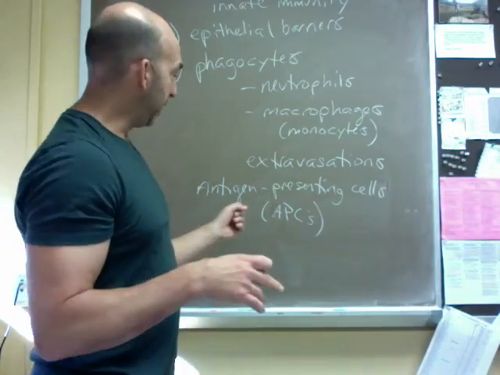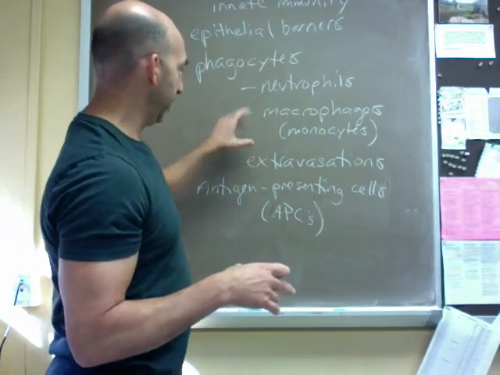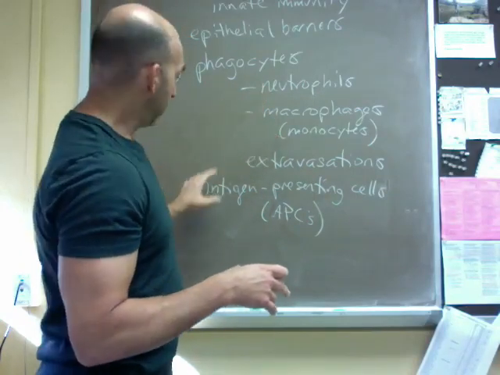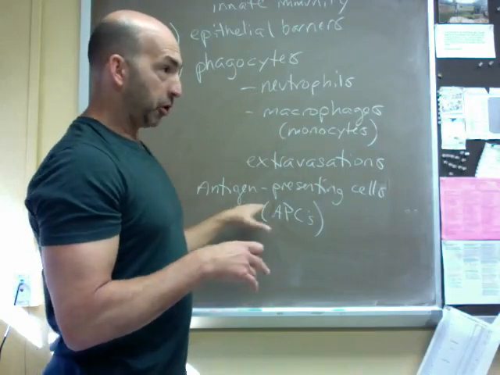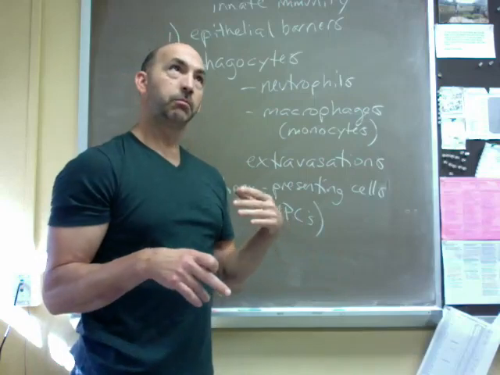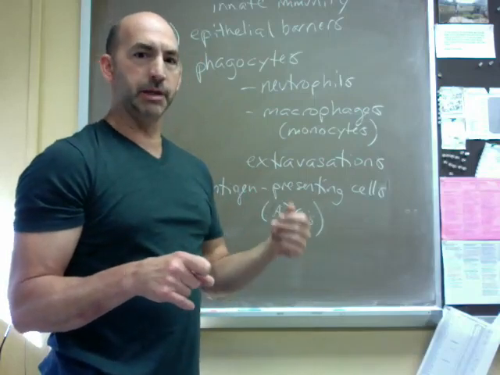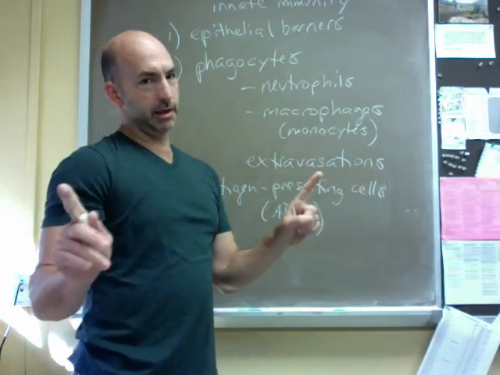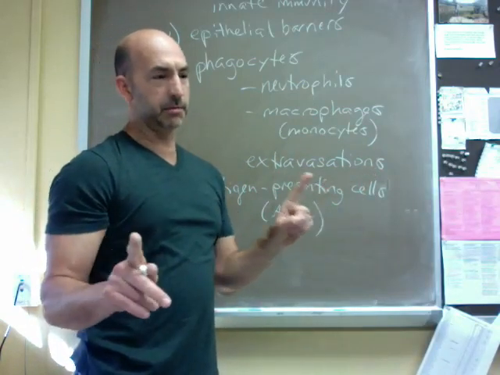So what they're doing is they're taking these antigens, in this case foreign antigens, from the microbes that they're eating, and they're showing them on the surface of the cell. Well, who are they showing them to? Largely, they're showing them to the naive B and T cells, linking the innate and the acquired immune systems, right?